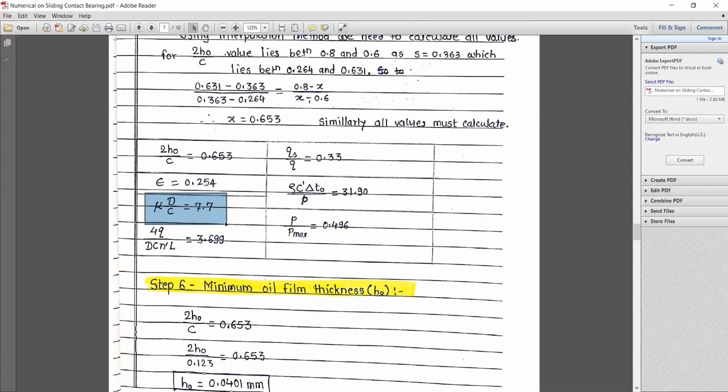Mu d by c is equal to 7.7. 4q divided by dc and dash l is equal to 3.699. qs by q is equal to 0.33. Rho c dash delta t divided by bearing pressure is equal to 31.91, and the ratio of P divided by P max is equal to 0.496.